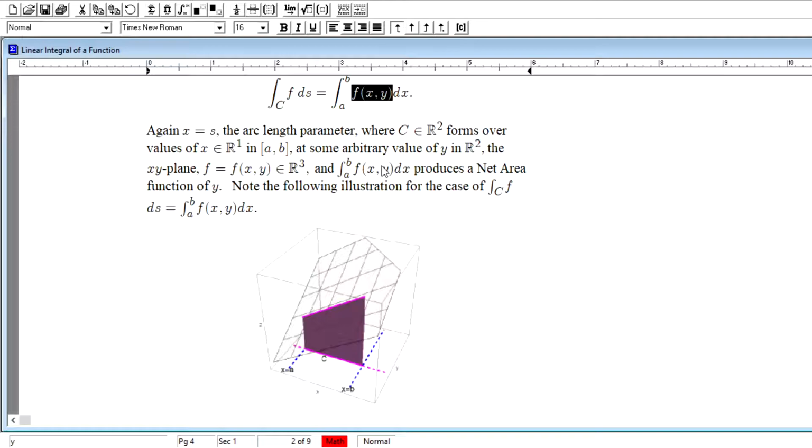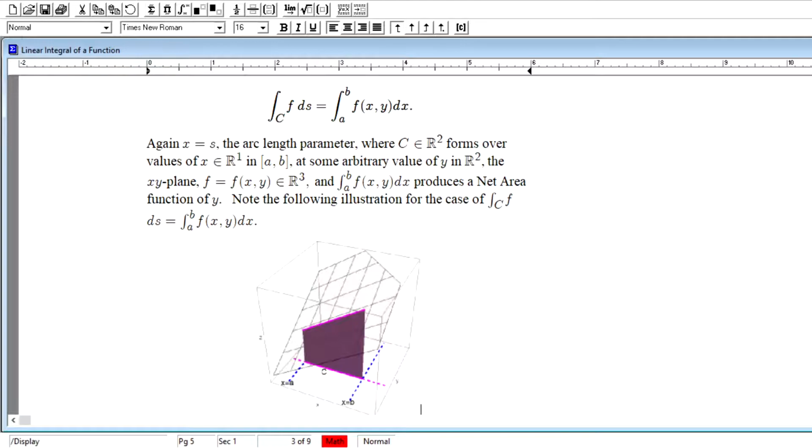We do get a net area description, but what we have to understand is that it results in a function, and we saw this develop back in the beginnings of multiple integration, that it develops this function of y, this net area function that describes this region of space for some arbitrary value of y. All right?